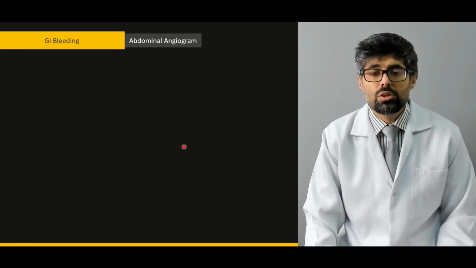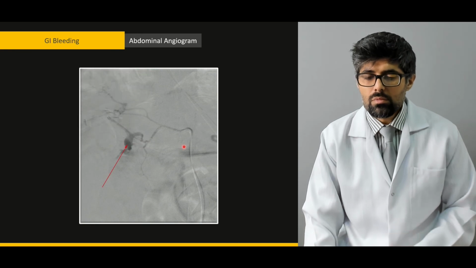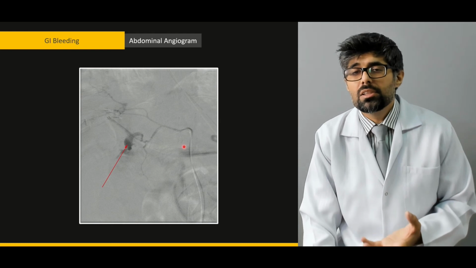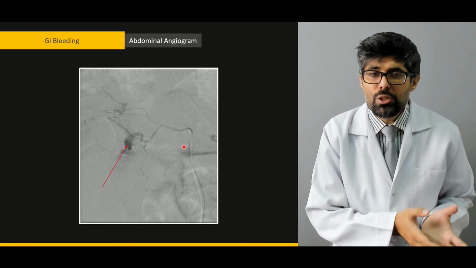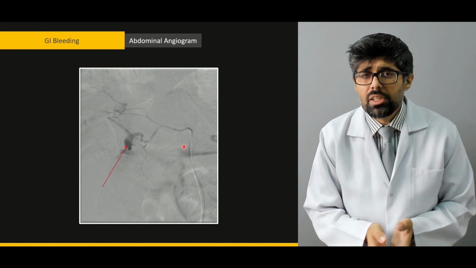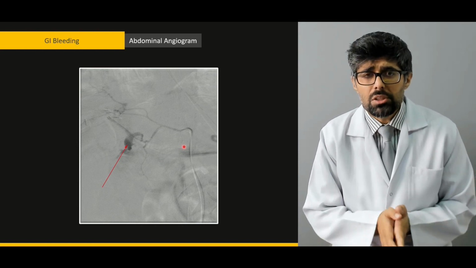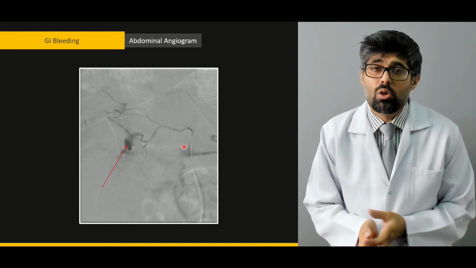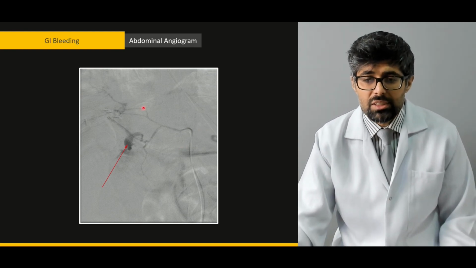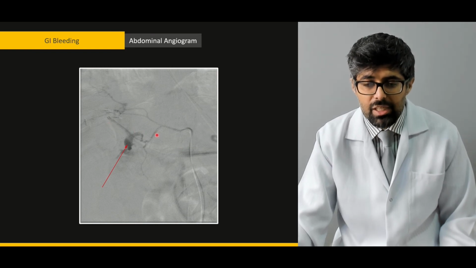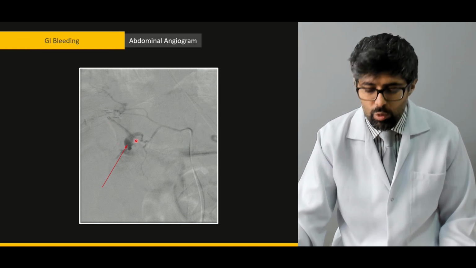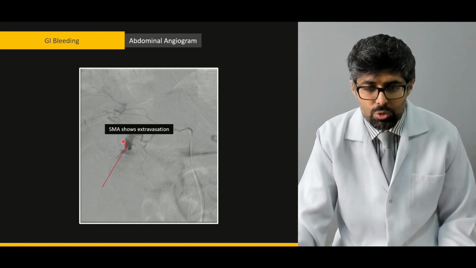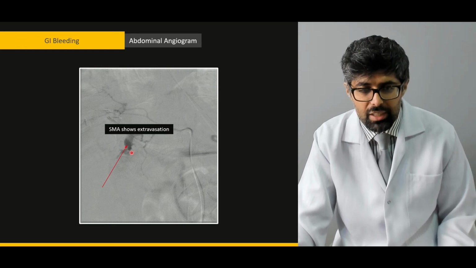The usual causes of abdominal GI bleeding are esophageal varices, gastric ulcers, and duodenal ulcers. All of these can cause hematemesis and GI bleed. Now, this is a catheter and CT angiography of the superior mesenteric artery, and this shows the extravasation of that artery.